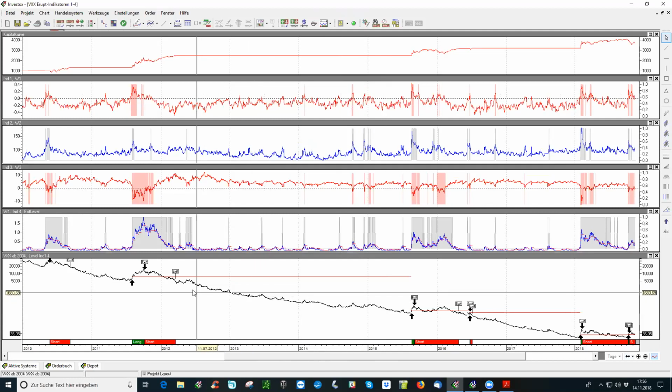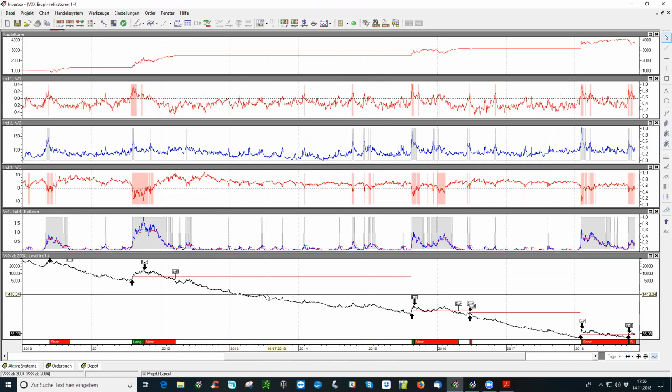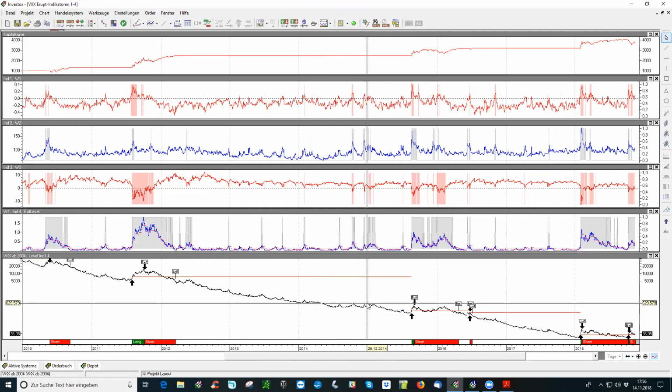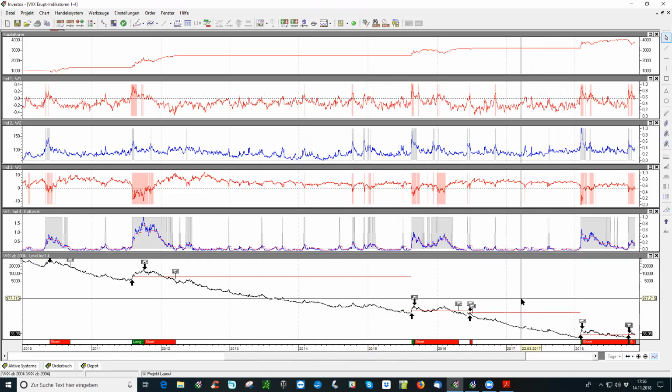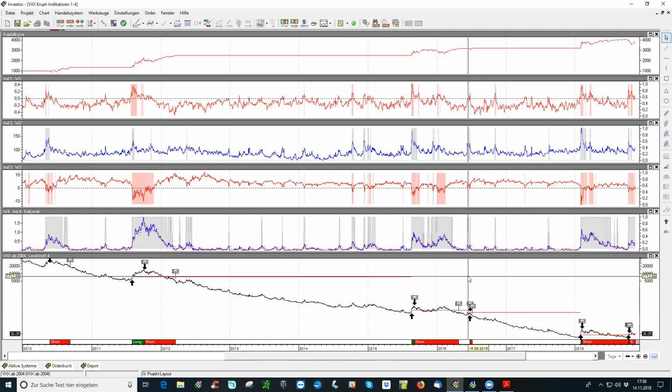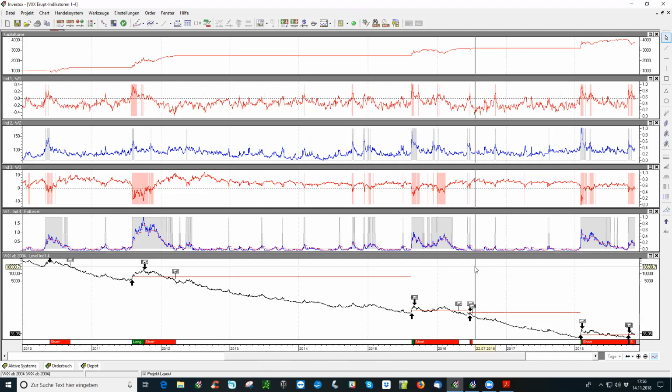And that happens a lot. It's like here, like here, like here, like here, here, here, here was a double top, and so on. And to eliminate such trades is much more important than trying to make bigger profits with the winners.